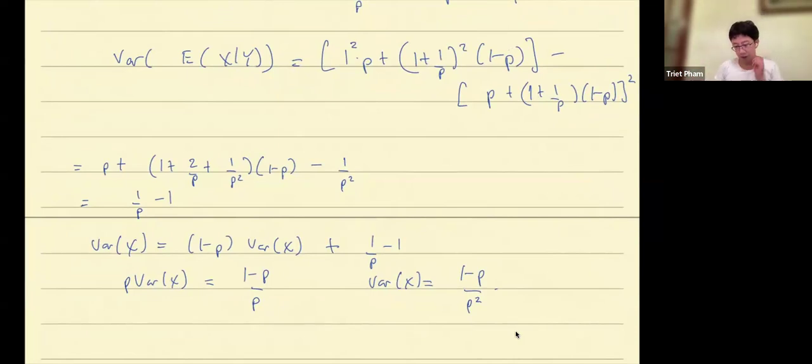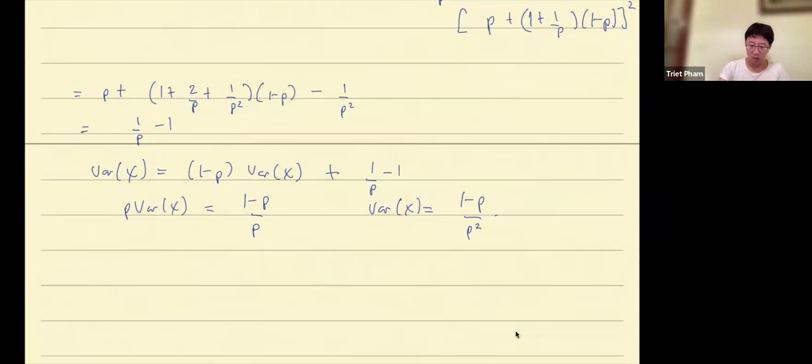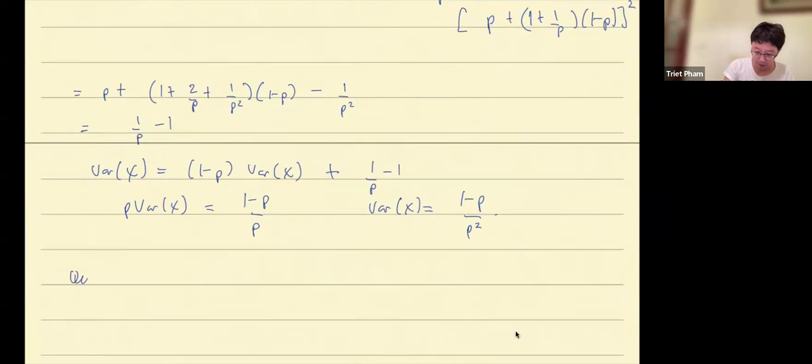All right, let's do one more. And this time it will be the compound random variable.